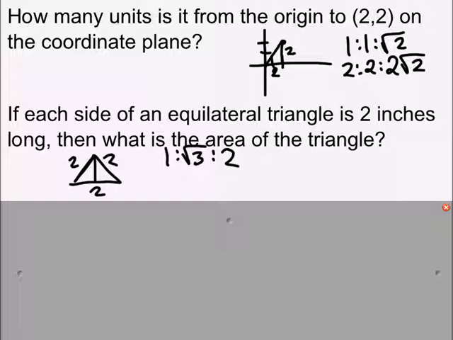And now this is actually our unit triangle of 1, and our height is root 3 because our hypotenuse is 2. So in order to find the area, we use the base of 2 times the height of root 3, and then we divide by 2. So these can simplify. We have an area of root 3 units squared.